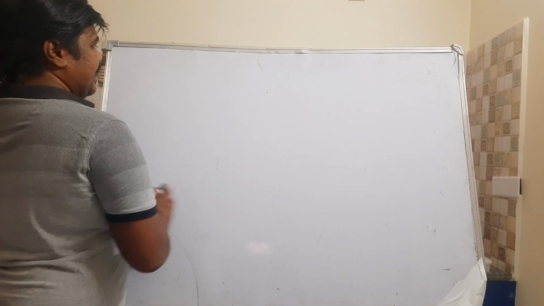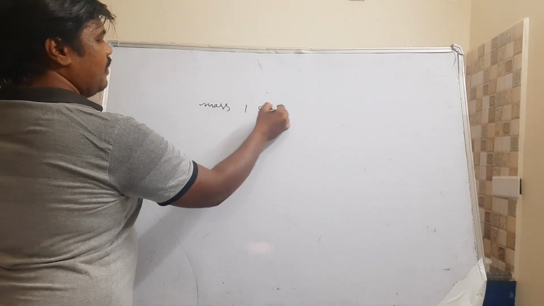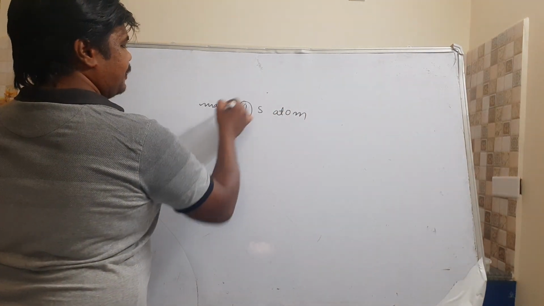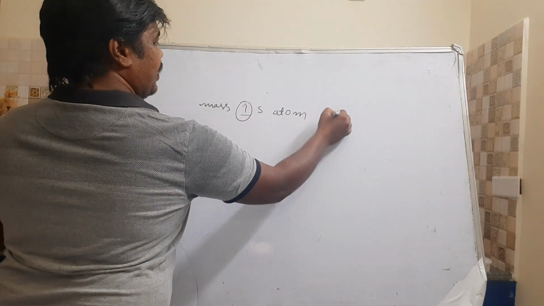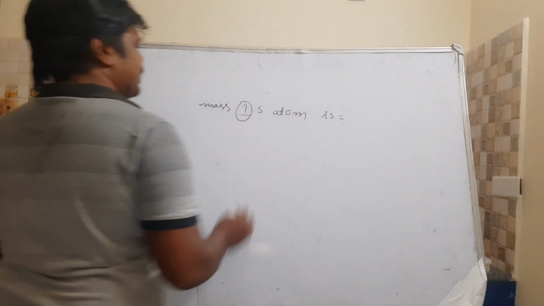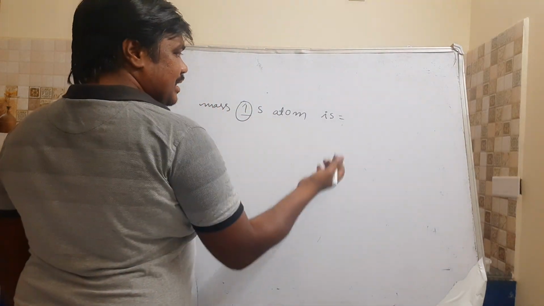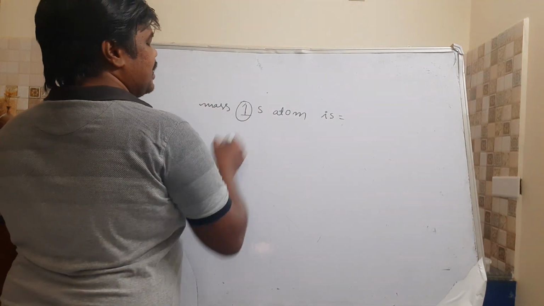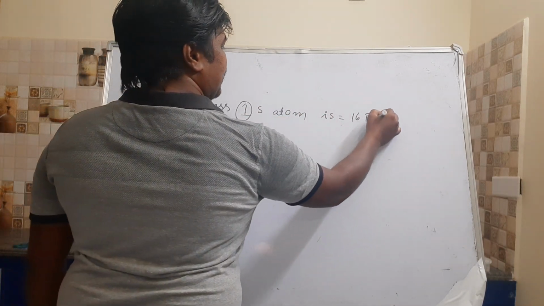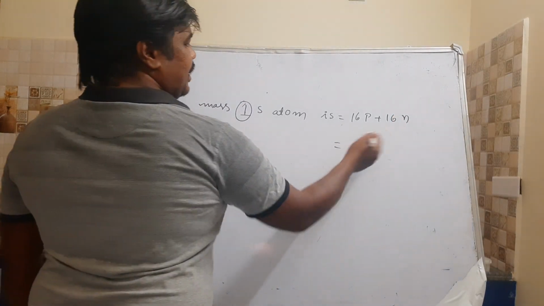So the mass of one sulfur atom: the sulfur atomic number is, what, 32? Yes, sorry, it is 16. Sulfur atomic number is 16. 16 in the sense that 16 protons are there, 16 neutrons are there.